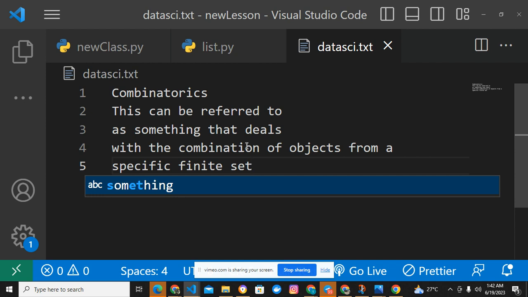By finite set we mean a set that is not infinite, so we shouldn't stress on that.